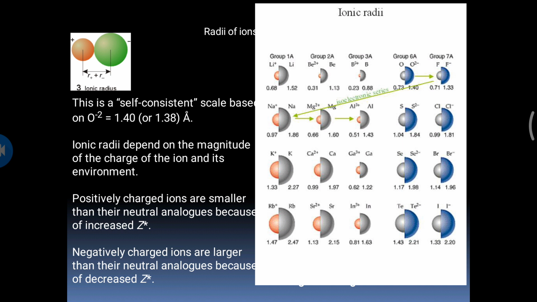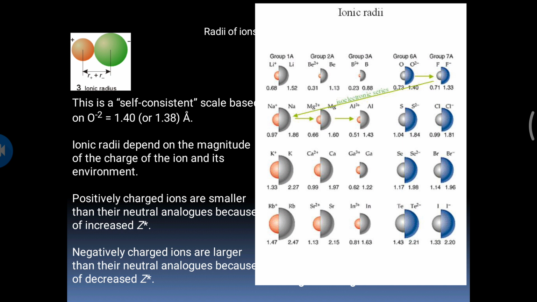Atomic radii depend on the types of ion: metallic radii, covalent radii and ionic radii. There are different types of atomic radii, and they depend on the type of ion.